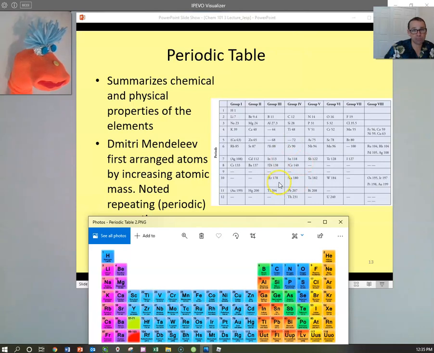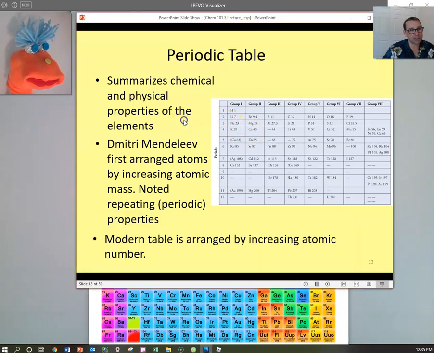And as people began to discover new elements and also identify properties of new elements, which were just like he predicted, he became very popular and kind of became known as the father of the periodic table.